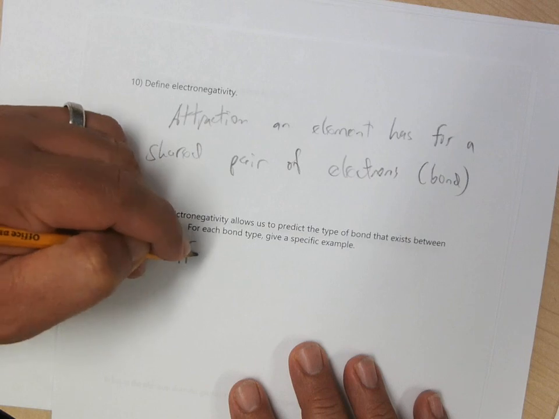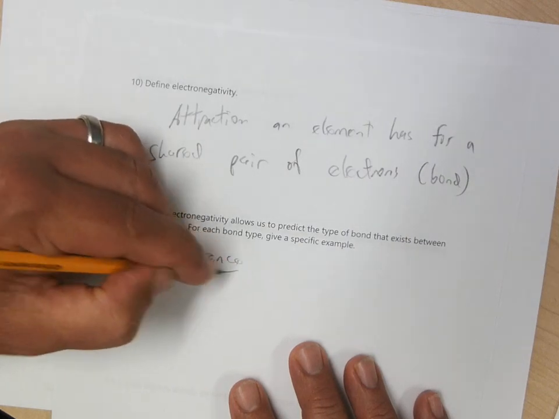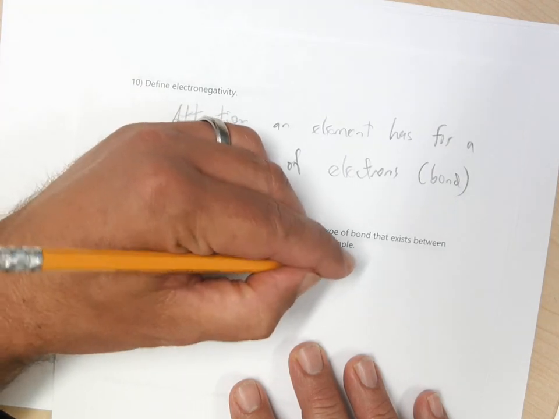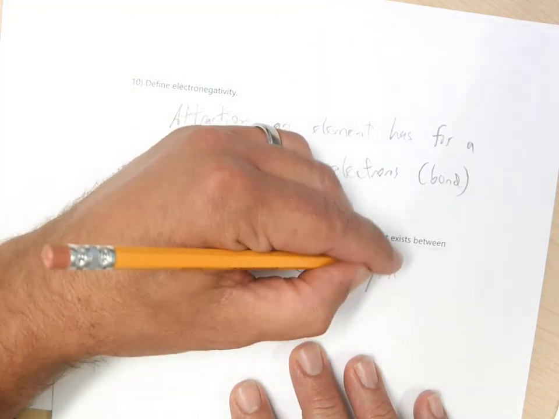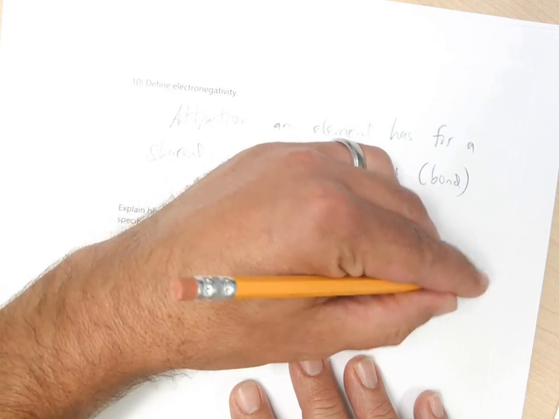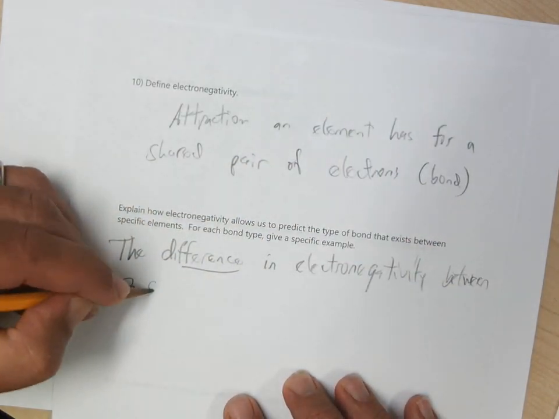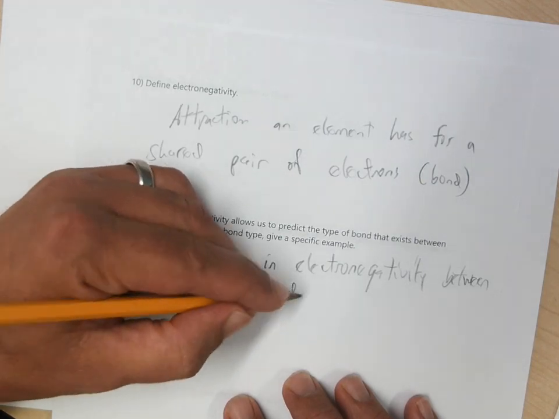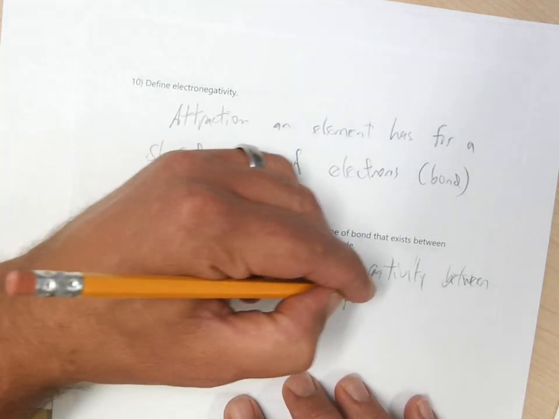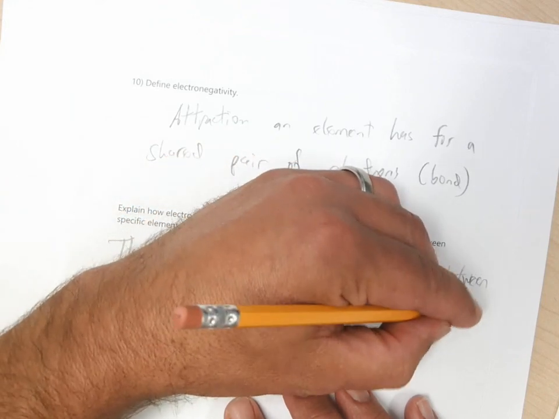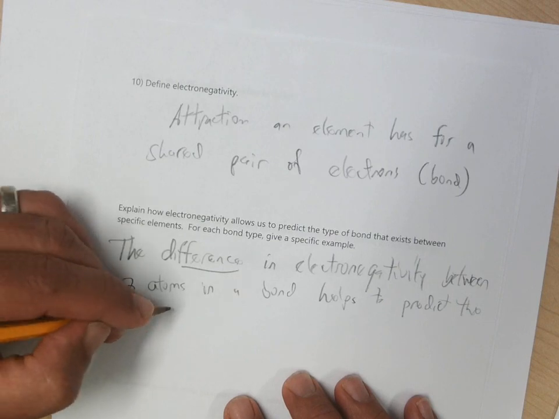the difference in electronegativity between two atoms in a bond helps to predict the bond type.